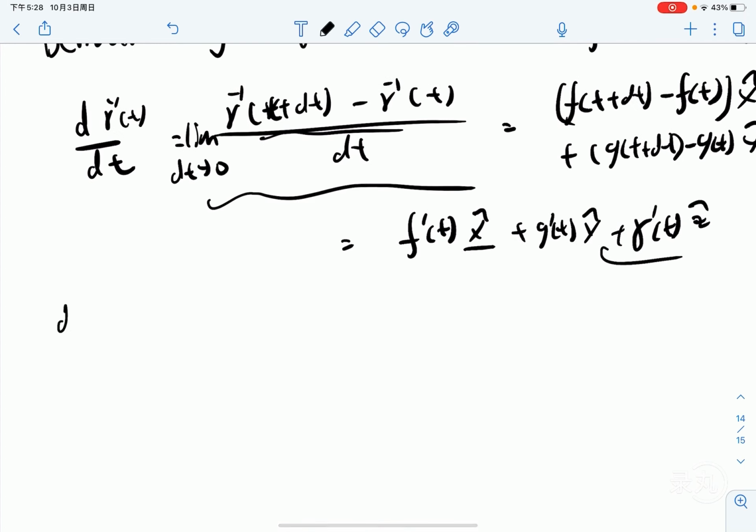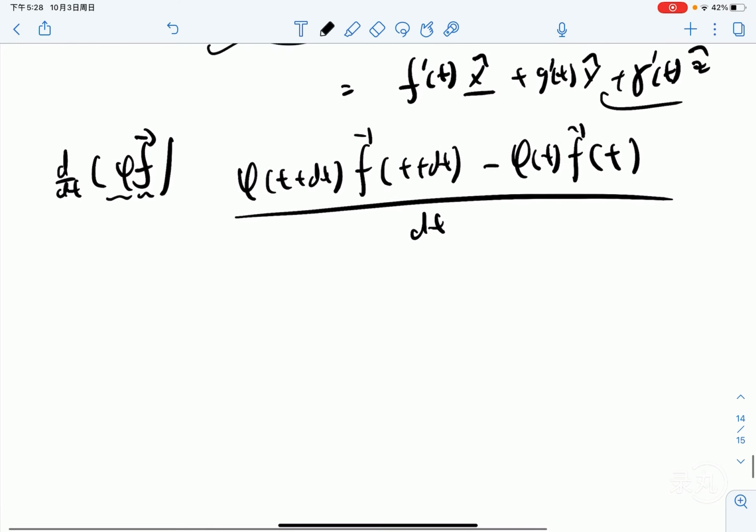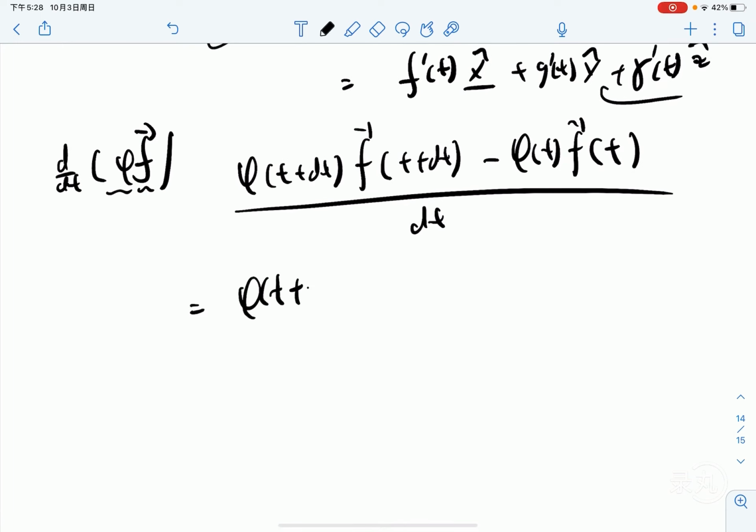And we're going to take a look at this type of function, where this one is a scalar and this one is a vector. So the way we do this is also using the definition: phi(t plus dt) f(t plus dt) minus phi(t) f(t), divided by dt.